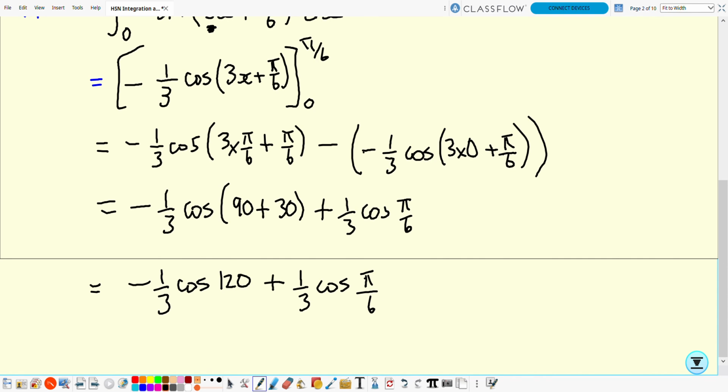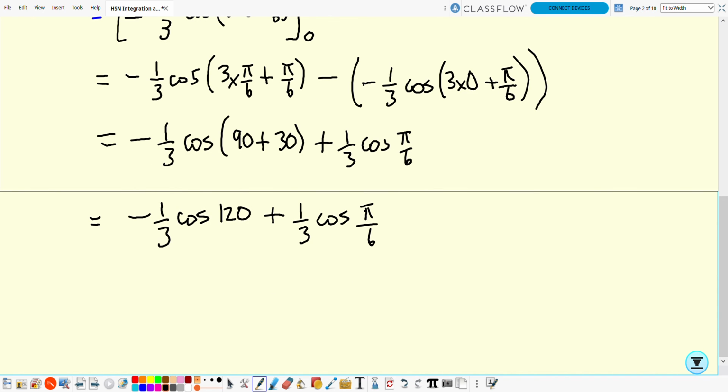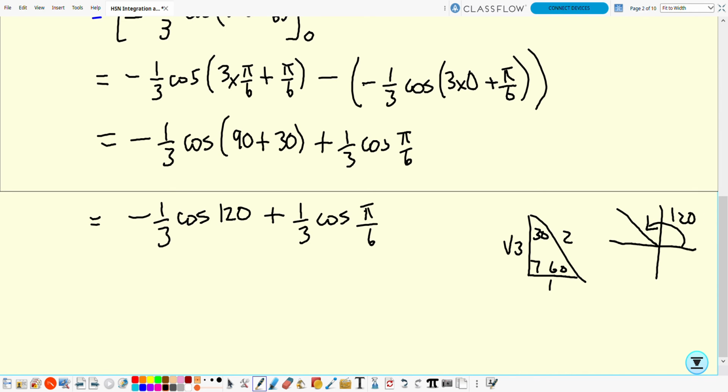Now clearly if this was in a paper 1 it'd be a non-calculator question. You'd be expected to know your 60-30 triangle values if you've memorised those, and also be aware that an angle of 120 degrees would take you into the second quadrant, and the related angle that you would therefore be using would be the 60.